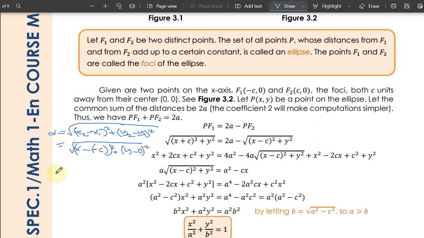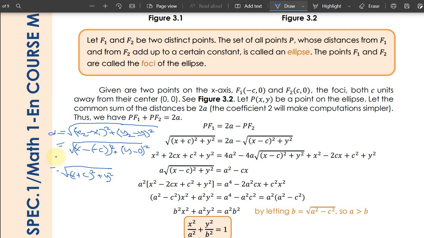So mahitabo ang square root ni x, negative man ni minus, so mahimo siyang plus. So that's why we have x plus c squared, plus y minus 0 is equal to y, then naa tay squared, so mahimo siyang y squared. Okay, so naa na tay x plus c squared plus y squared.